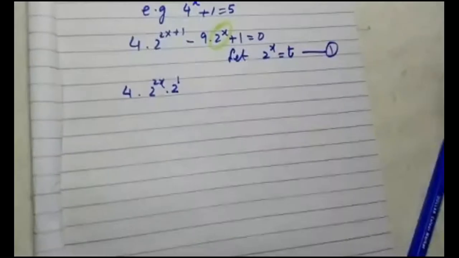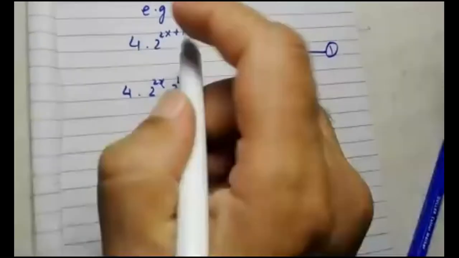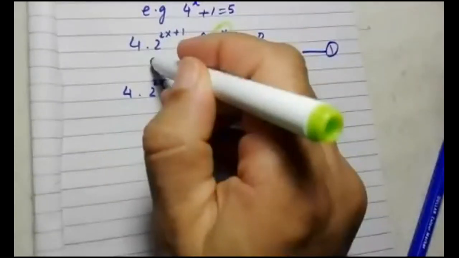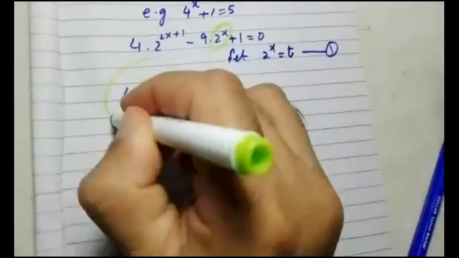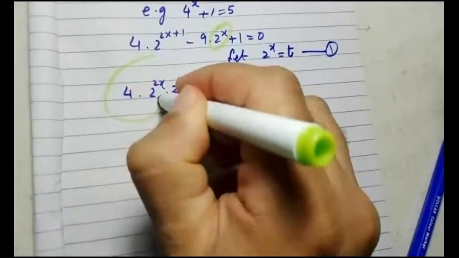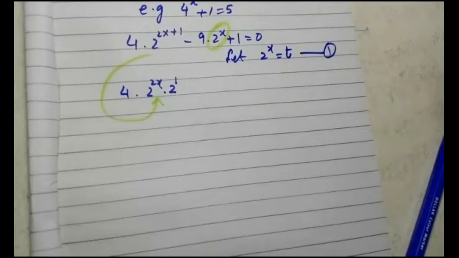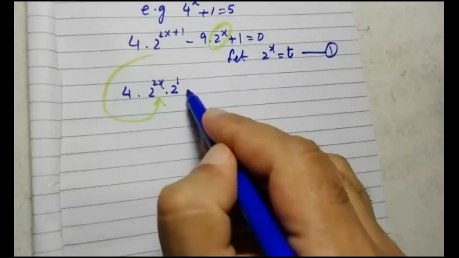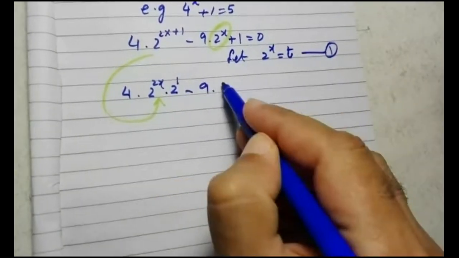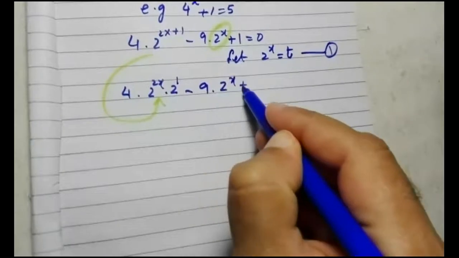You will see that I have reduced the equation to this: minus 9 times 2 raised to power x plus 1 equals 0.